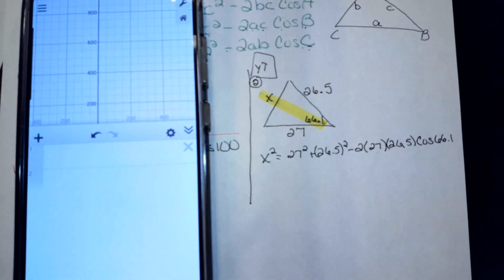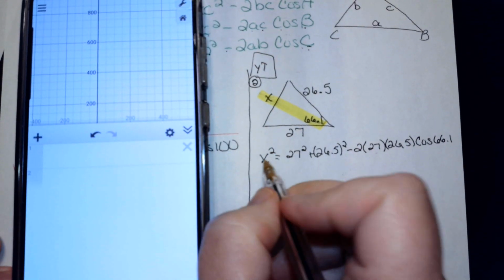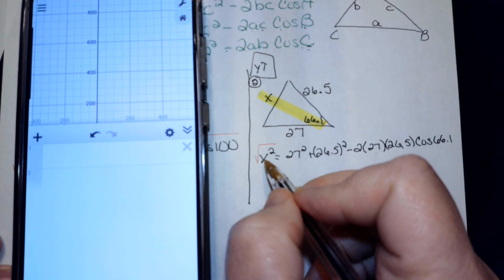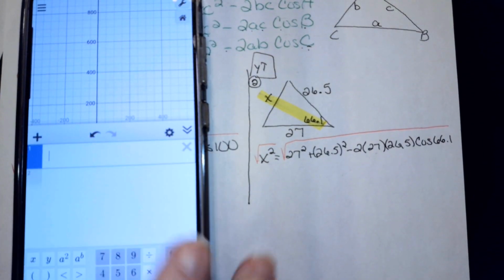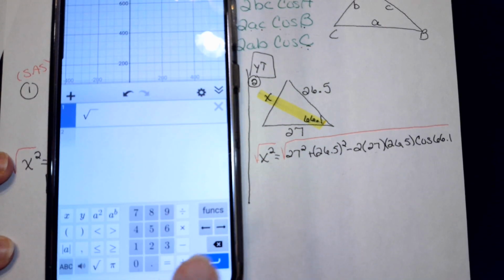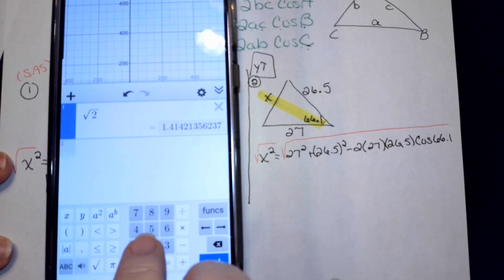Alright, so if this is x squared, I know I just want x, so I take the square root. But if I take the square root of the left side, I got to take the square root of the right side.